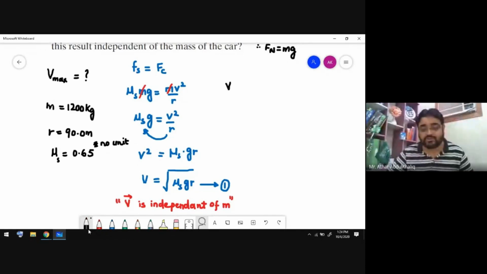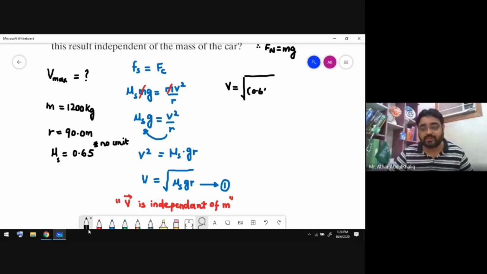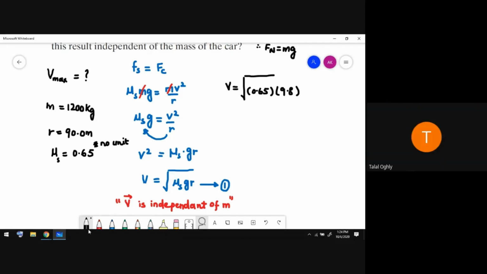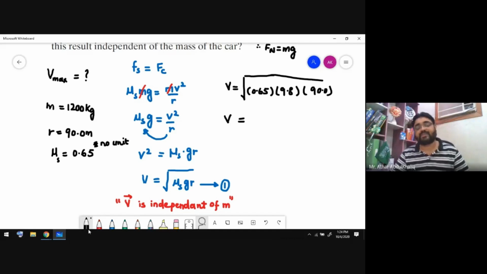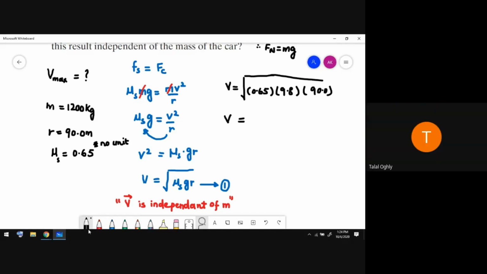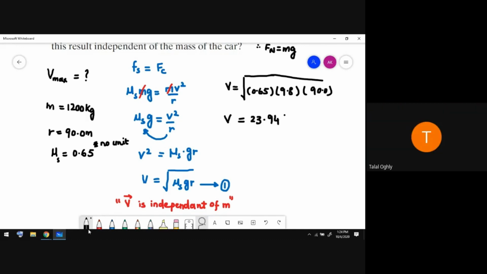So velocity is equal to the root of mu s, which is 0.65, g as usual 9.8, and r is 90.0. When we substitute these values, how much is v? It is 23.94, and the unit of the velocity is meter per second.